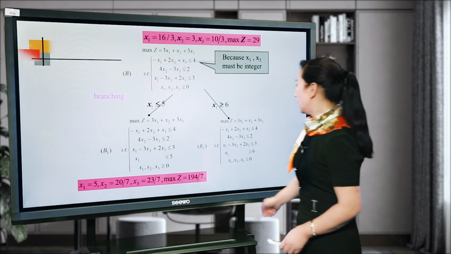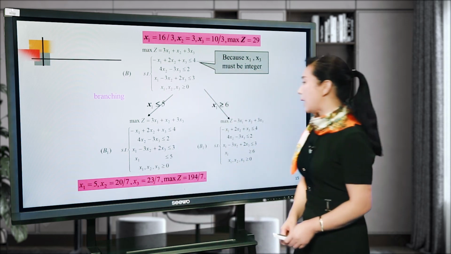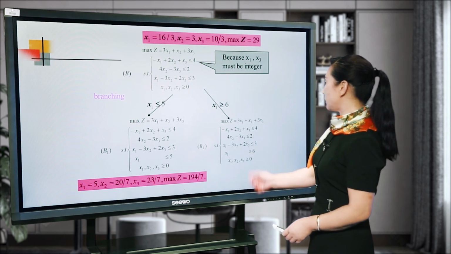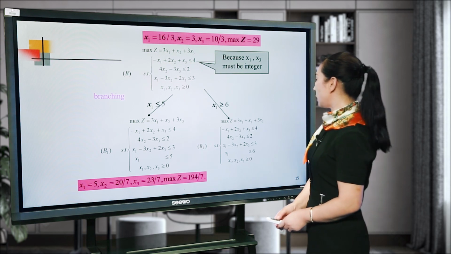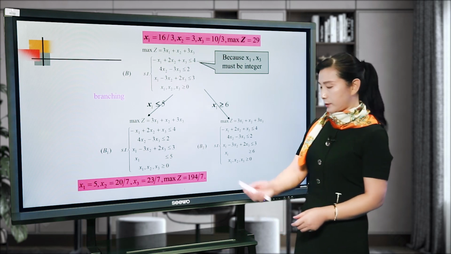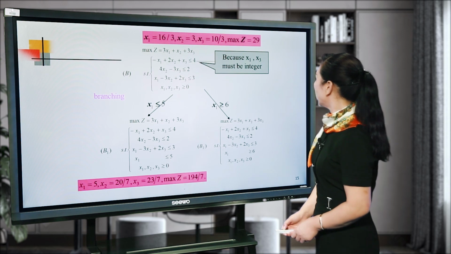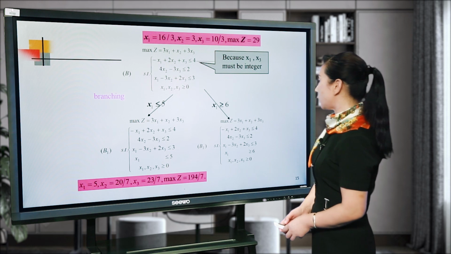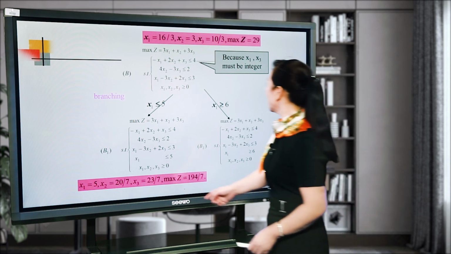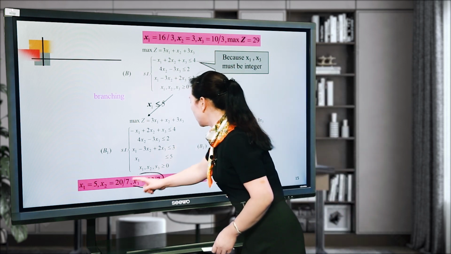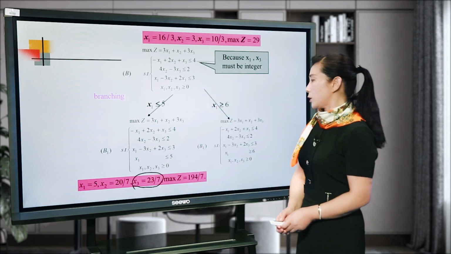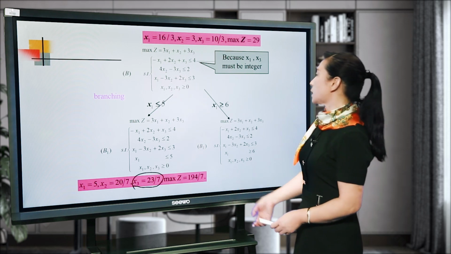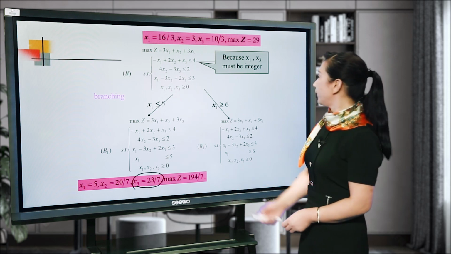We get the optimal solution x1 equal to 5, x2 equal to 20/7, x3, and the maximum J is 194/7. In this optimal solution, we notice that x3 is not an integer.